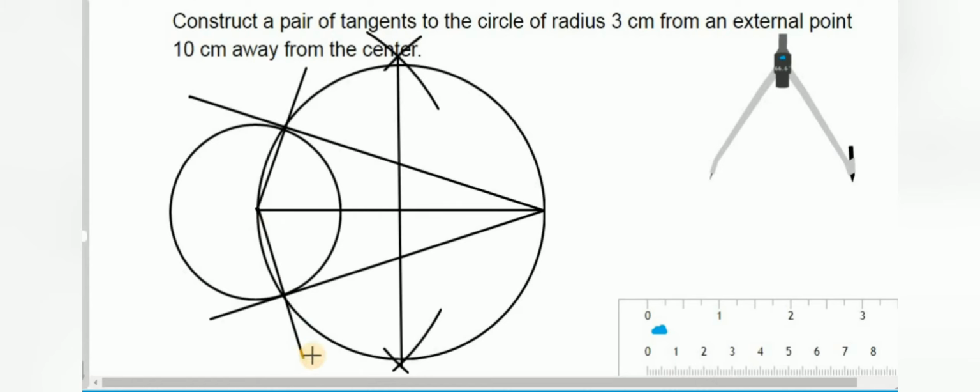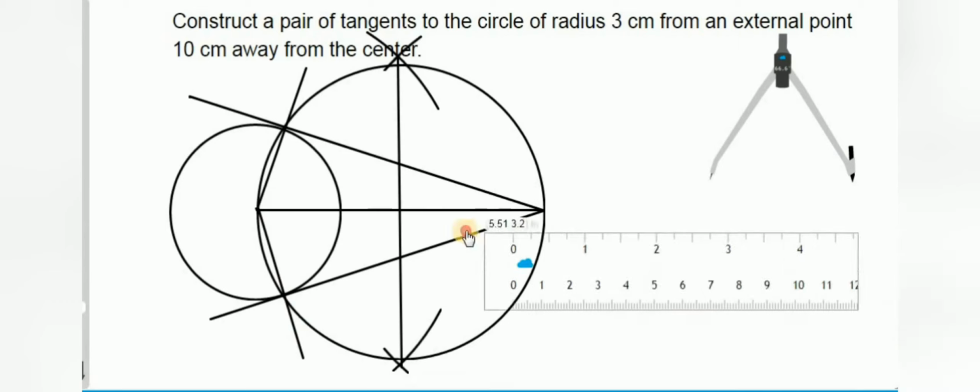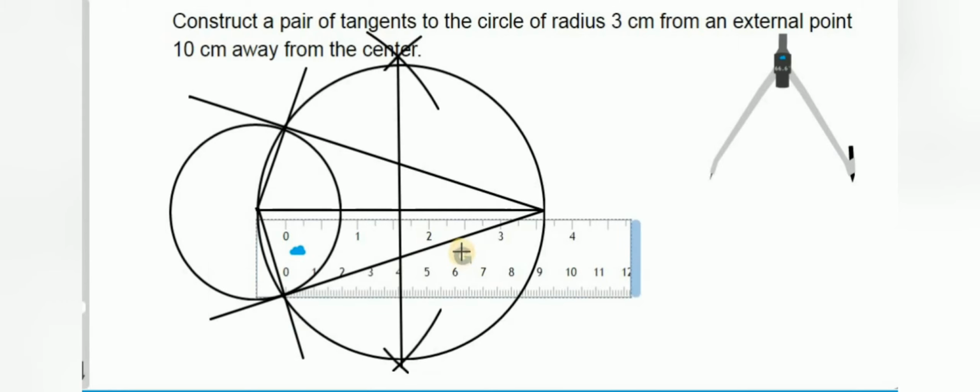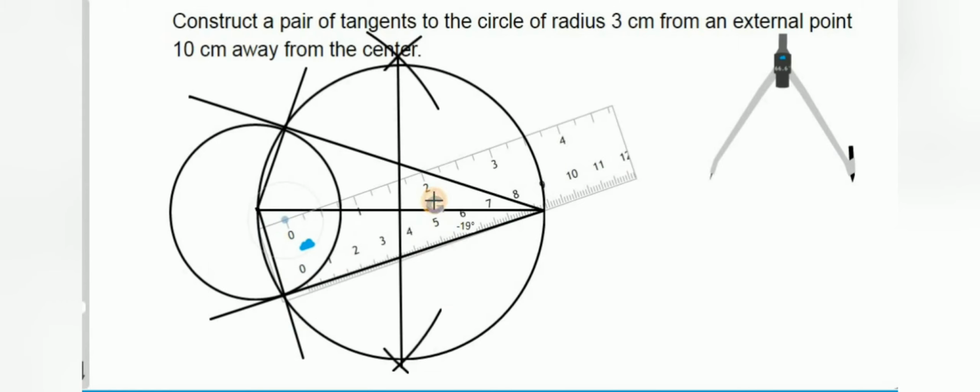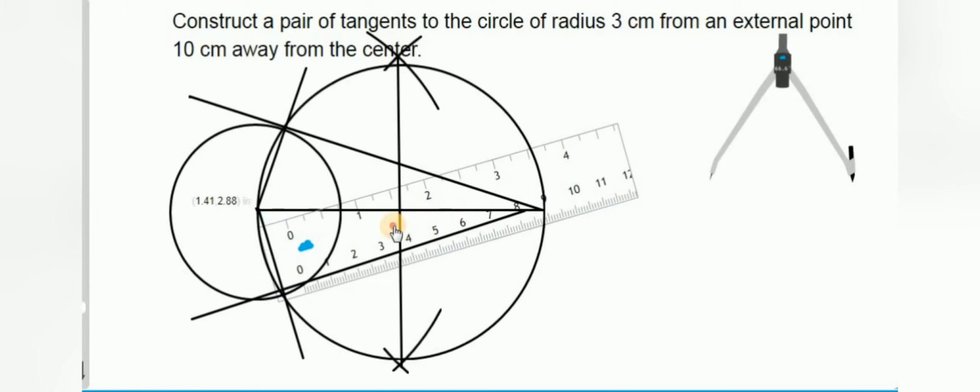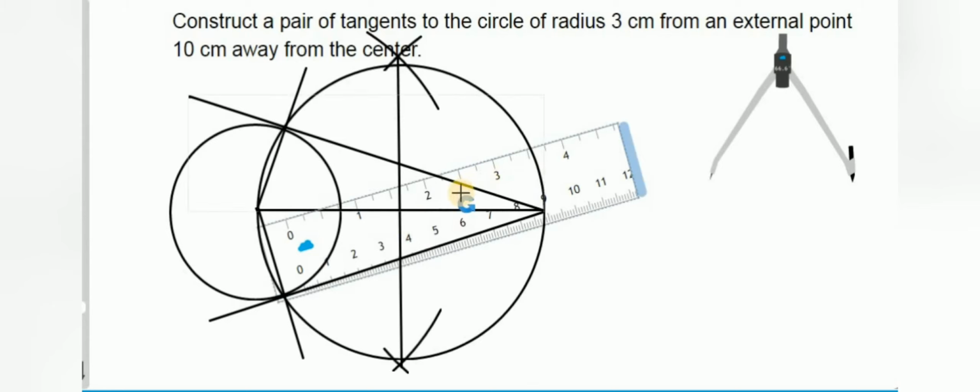See, after construction of this, just measure the 2 tangents. You just measure these 2 tangents and write down how much the tangent length is.